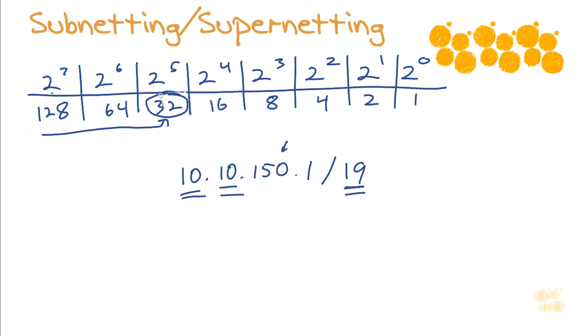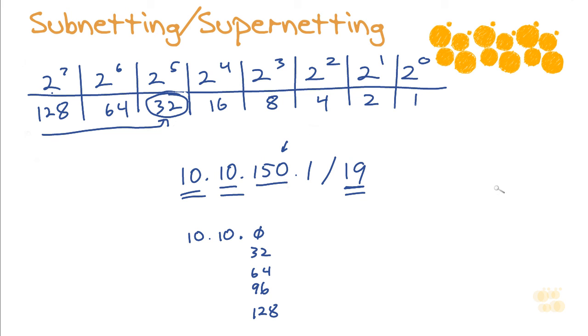Our magic number is 32 once again. So this time it's 10, 10, and our increments would be on 32 in this octet. So we'd have 0 and 32 and 64 and 96 and 128. Bingo! That's the one we're on here, isn't it?